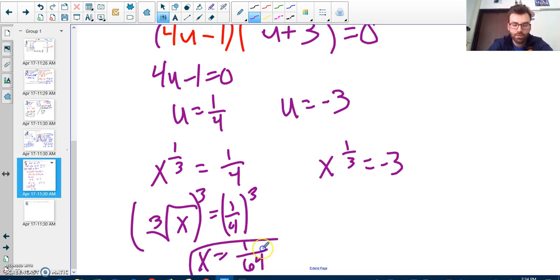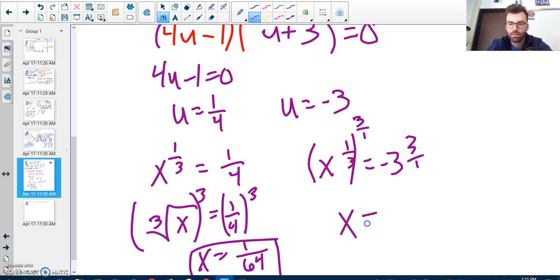That's one way to do it. Or, this is a fractional exponent, so I can raise it to its reciprocal of 3/1, which is what we're used to. I just wanted to show you both. That's the third power too. So x also equals -27.